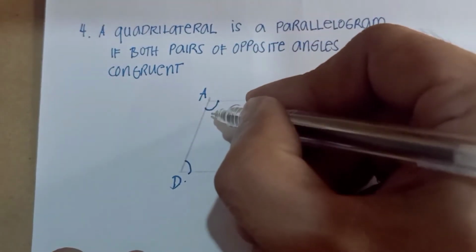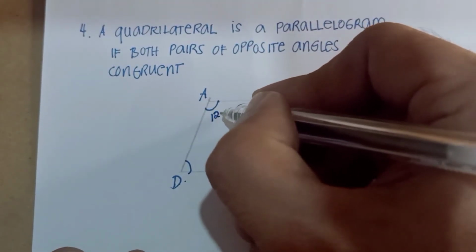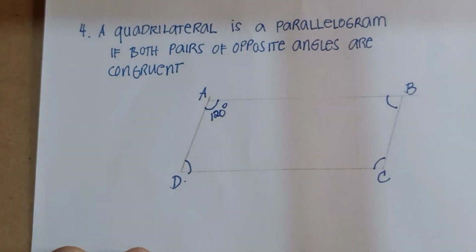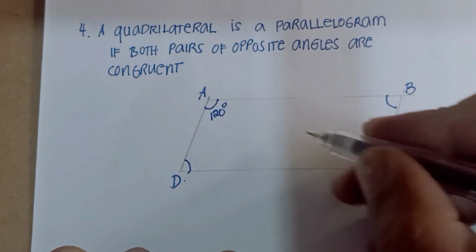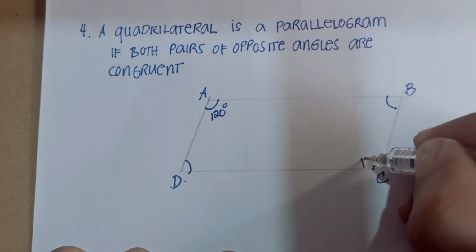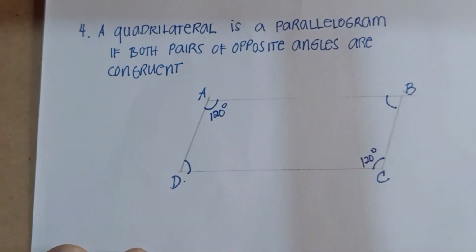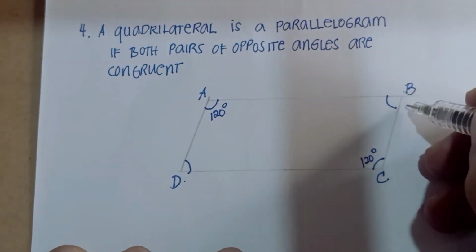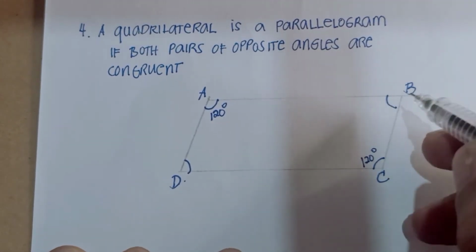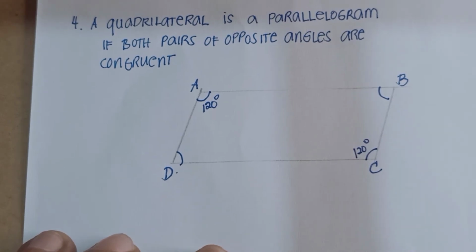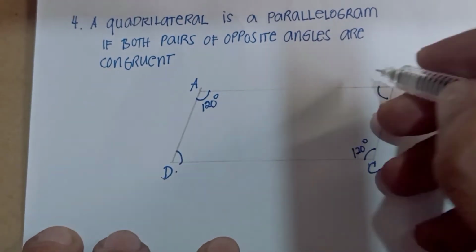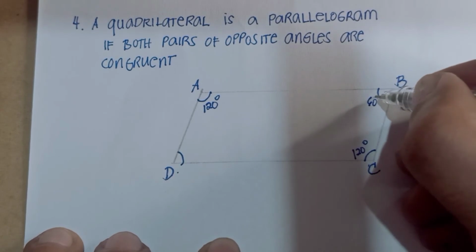Okay, consider natin to. Kunyari, yung angle A ay 120 degrees. So, para masabi kong parallelogram to, yung opposite angles niya, 120 degrees din. Okay, so ito naman, ang relation nitong dalawa na to, sa parallelogram kasi, ang consecutive angles are supplementary. Kung 120 to, therefore, ito ay 60.